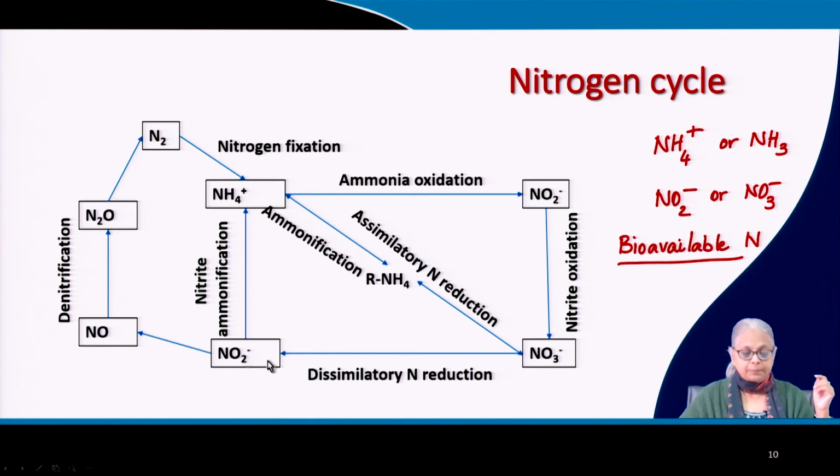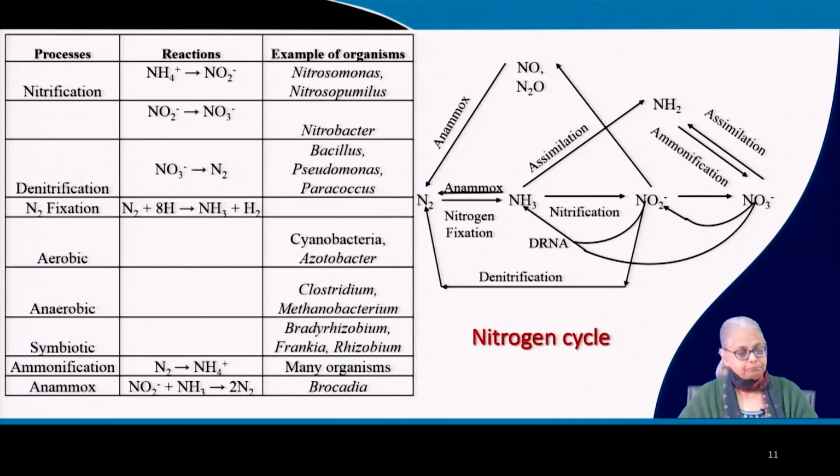Now the final step is nitrate going to nitrite, going to nitrous oxide, dinitrogen oxide and back to the inert form. So these are the various forms of nitrogen that are present in the environment and converted by different bacterial species.